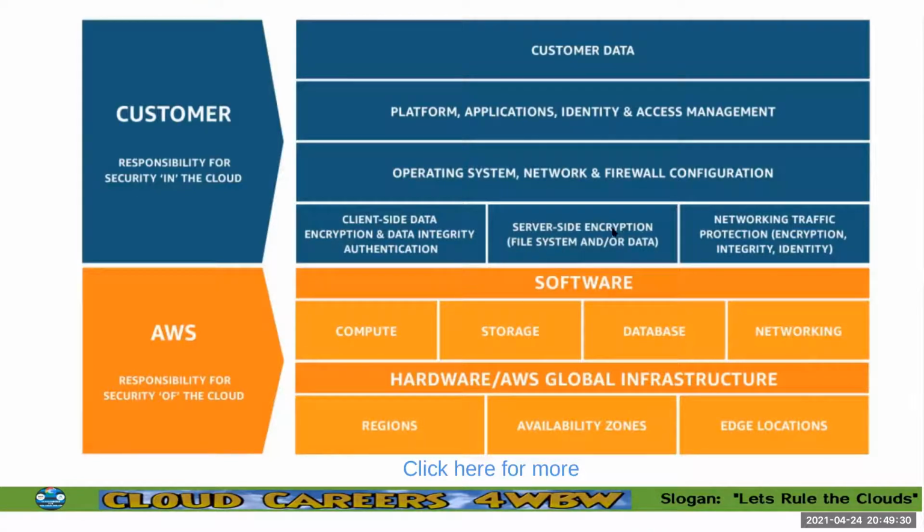Many questions in our revision hang around here, and I've emphasized that it doesn't mean you should just know these two. Also take good note that networking traffic protection, encryption, integrity, and identity are also part of the customer. Then the operating system, which is the guest operating system, network and firewall configuration, platform, identity and access management, and customer data are handled by you, the customer.